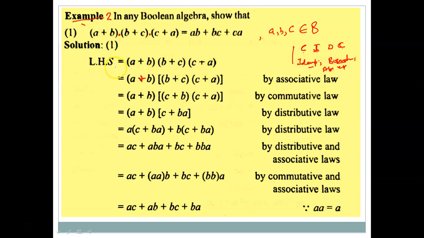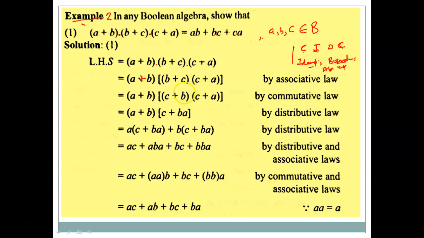So here we consider the left hand side, a plus b. Nothing is mentioned, but it is dot here and dot here. So a plus b dot b plus c dot c plus a. When we simplify this, a plus b is kept here, and using the associative law we can keep these two in one bracket.